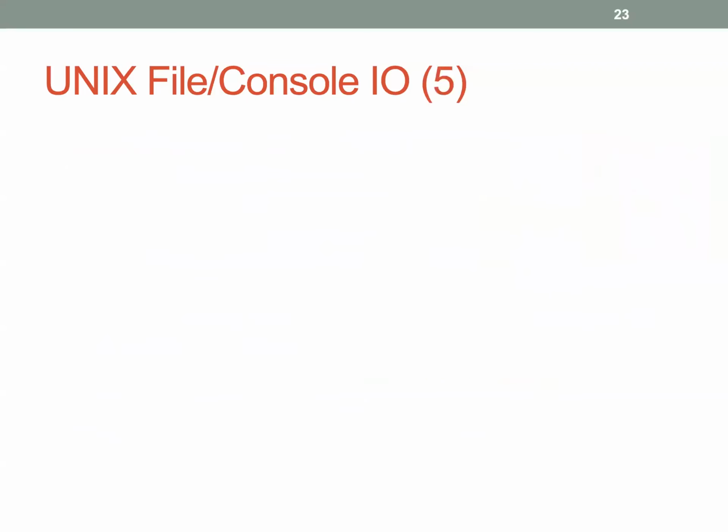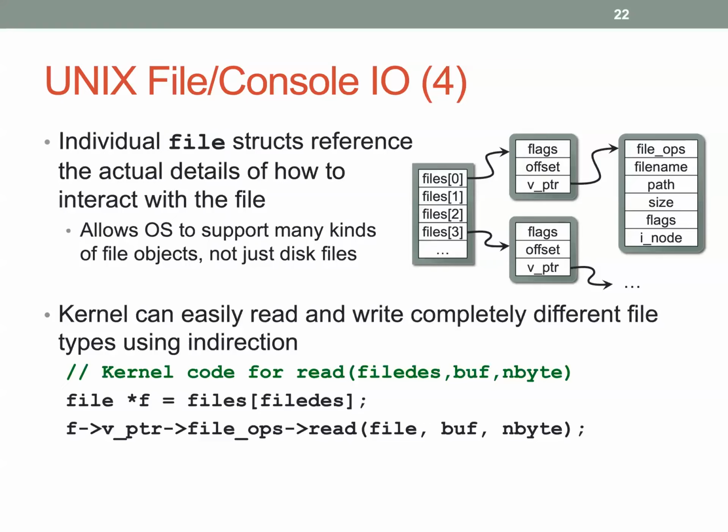Okay? Let me ask, does that make sense to everybody? Does anybody have any questions about this? It's a pretty important thing to understand. This kind of indirection is ubiquitous in operating system implementation. I don't think you'll have to do anything quite this sophisticated in Pintos, but I do hope at least that you understand generally how this is going on here.